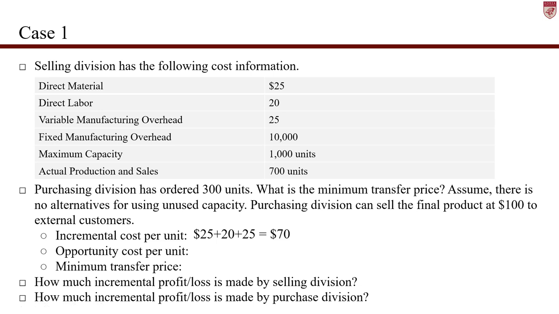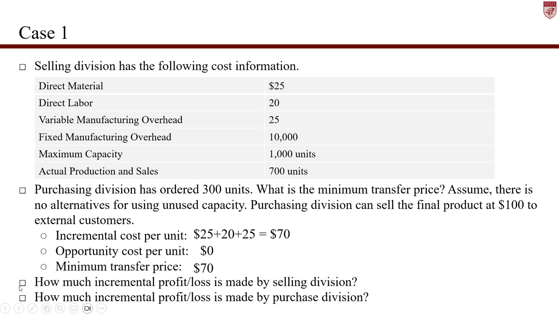If they were able to use the unused capacity to sell to the external market, then of course they would be losing some contribution margin by selling to the internal division. But right now, for the unused capacity of 300 units, there are no other alternatives. Meaning, opportunity cost is simply zero by transferring it to the purchasing division. Well, the minimum transfer price is also going to be $70 per unit.